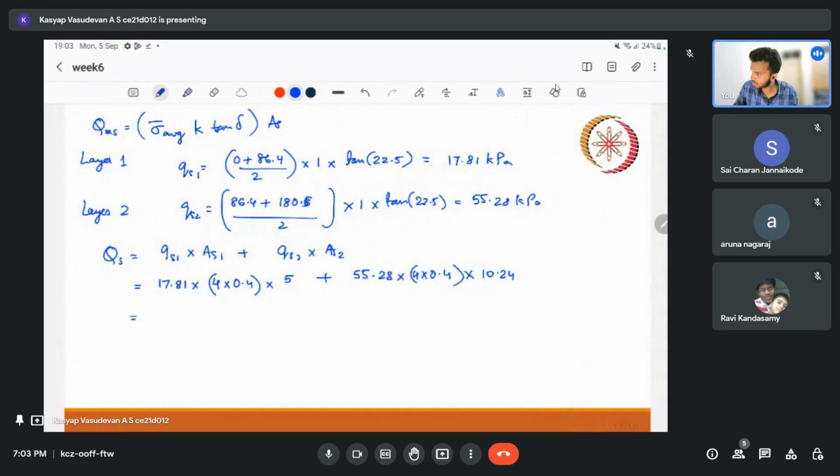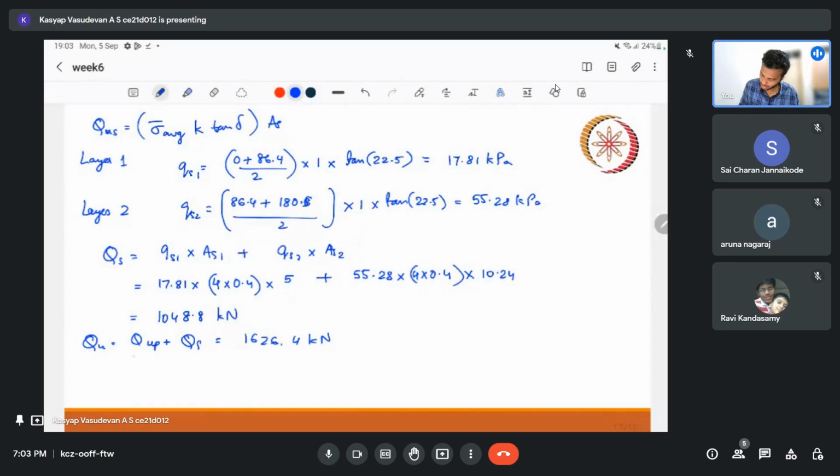This turns out to be 1048.8 kilonewton. So our total value is the sum of these two, QUP plus QS, which we will get as 1262.4 kilonewton.